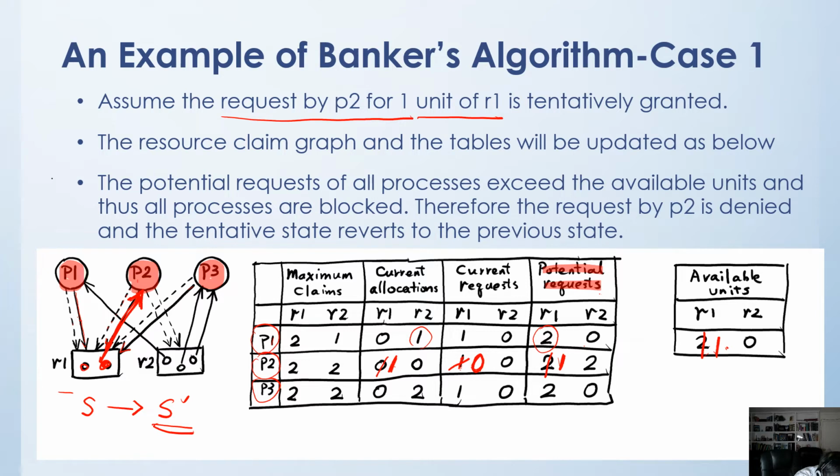That's not good. Therefore, the request by P2 is denied, and the tentative state reverts to the previous state. So let's revert back to S. So in case 1, the request will be denied.